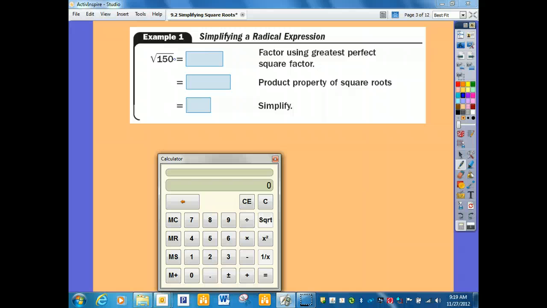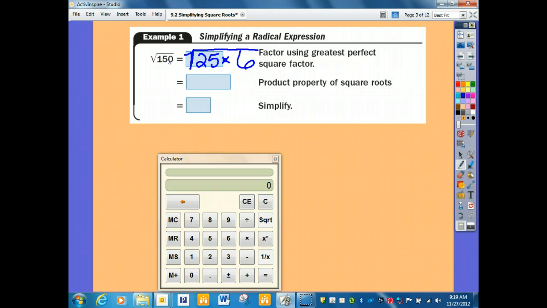That's 25. Does 25 go into 150? Yes. So we can rewrite this as 25 times what? How many times does 25 go into 150? 6. So 25 times 6 equals 150.